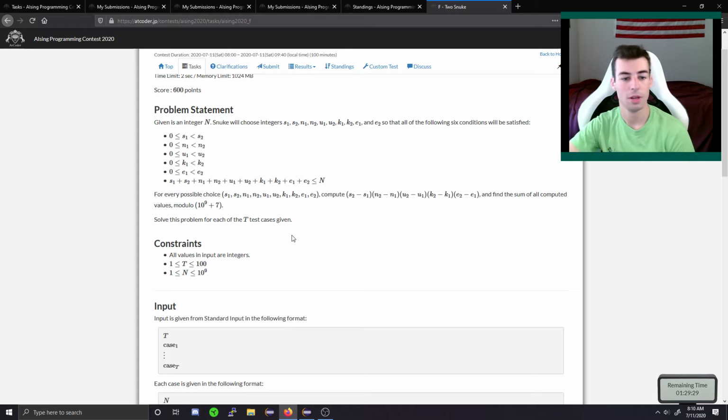I see. So we want to find 5 pairs of integers with like several of these constraints. And then multiply all of their ranges.